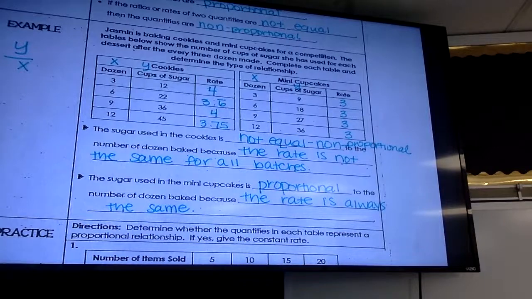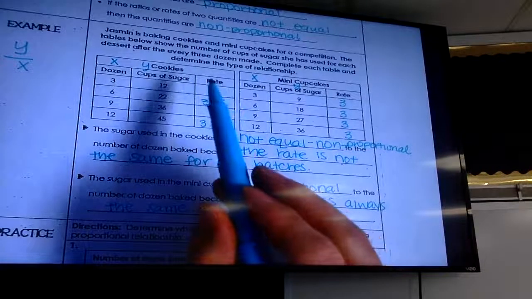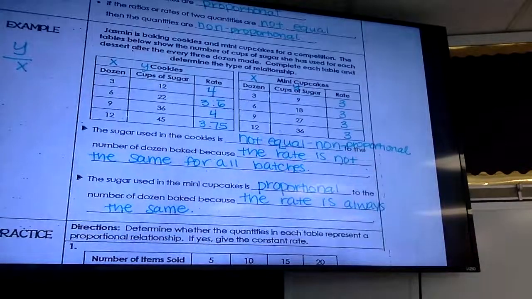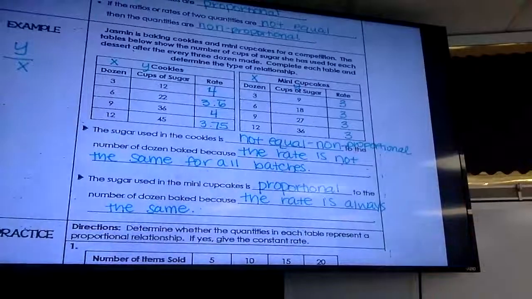So to decide if something is proportional or not, I find the rate. If it's the same all the way down, I say it's proportional. If it's not the same, I say it's non-proportional.